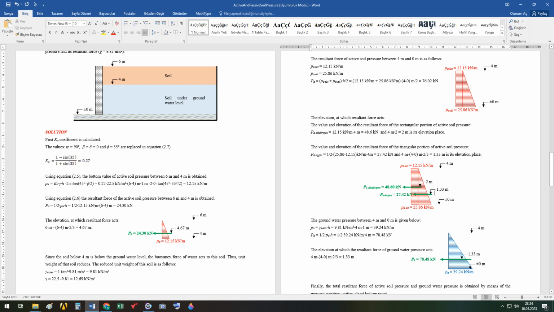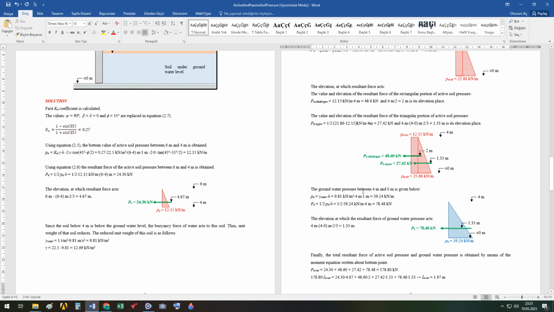Since the height is 4 meters, the resultant force of the rectangular area acts at the middle height. But the resultant force coming from the triangular area acts at 1/3 of 4 meters measured from the bottom. Okay, and the elevation coordinates of the resultant forces are also provided in the figure.